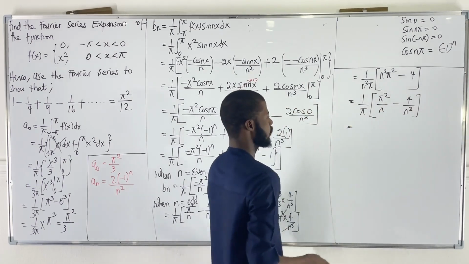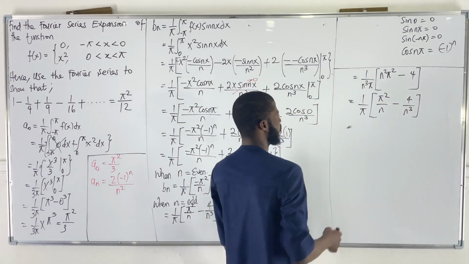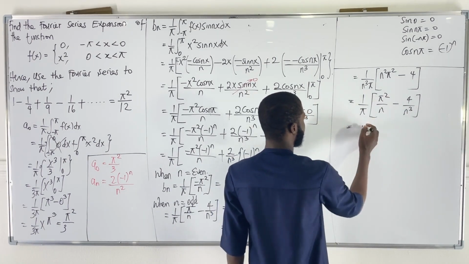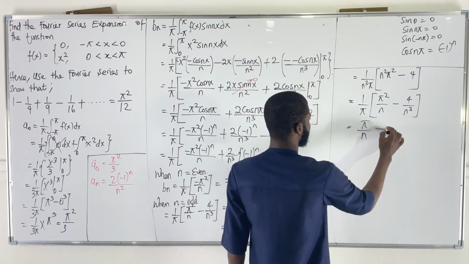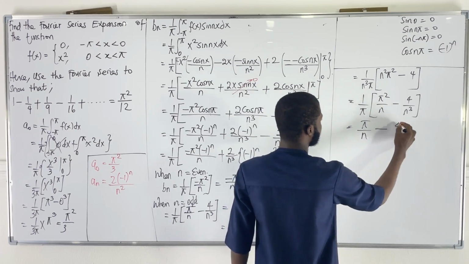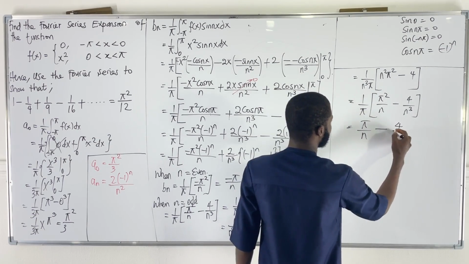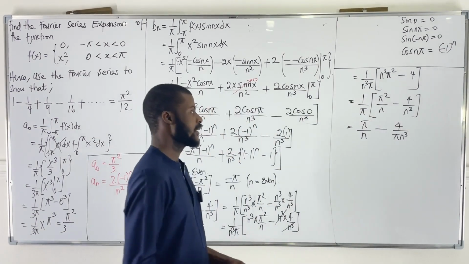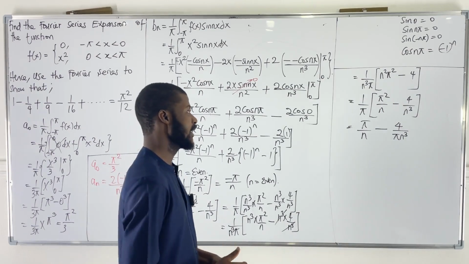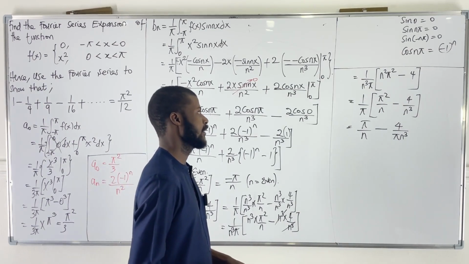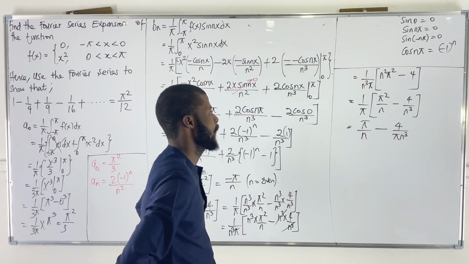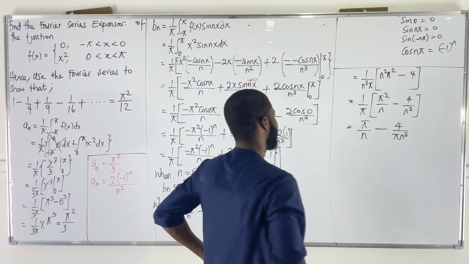So 1 over pi times this, the pi here we cancel, so this will be pi over n minus 1 times 4 is 4, and pi times this will give me pi n cubed. This is really tedious. Let's leave that and proceed.